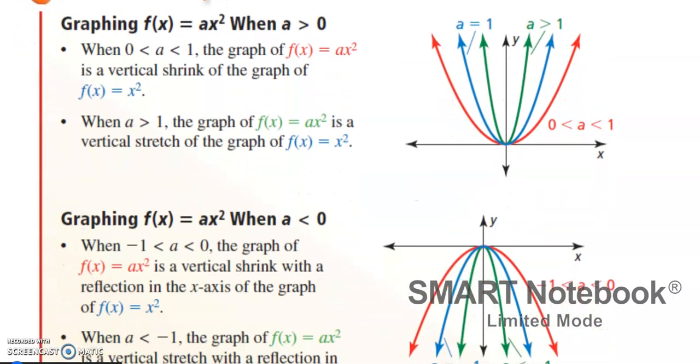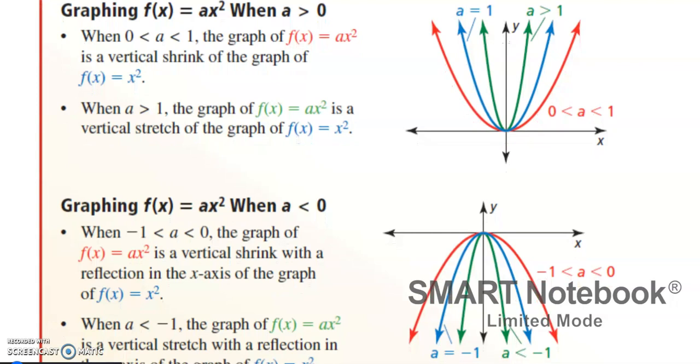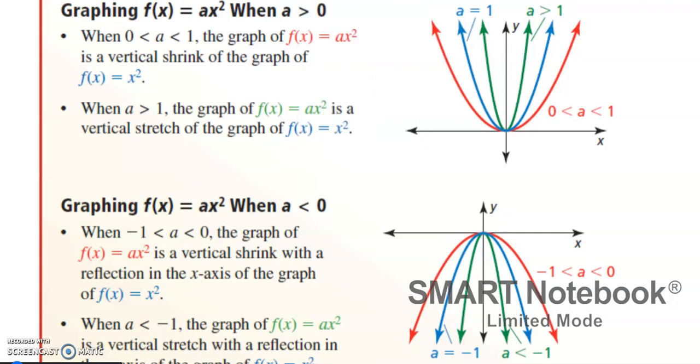Okay, so here is the core concept that I'm going to show you, and then I'm going to summarize it in the next slide. It can get a little bit wordy and can get a little bit confusing when you're looking at everything here. But what it's saying is that if I have this, what we call the mother function, okay, it's going to be this one right here in blue. That's when A is going to be 1. Notice when A is greater than 1, okay, it's going to be skinnier.